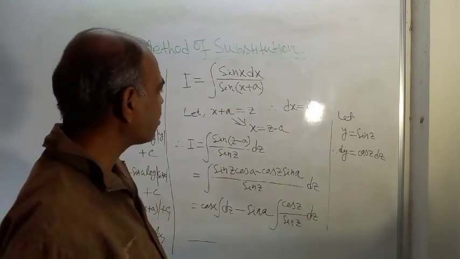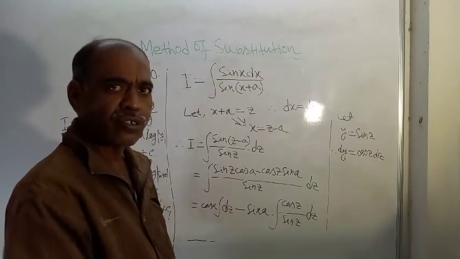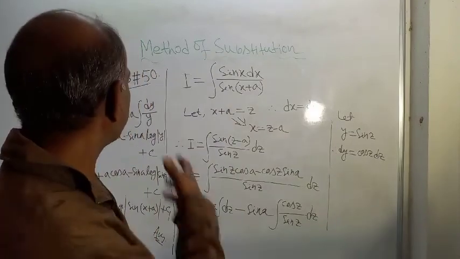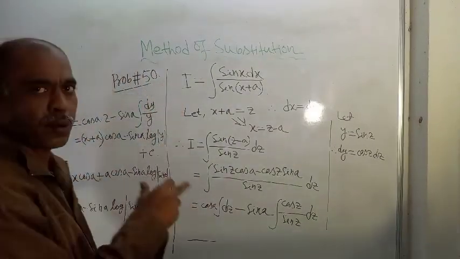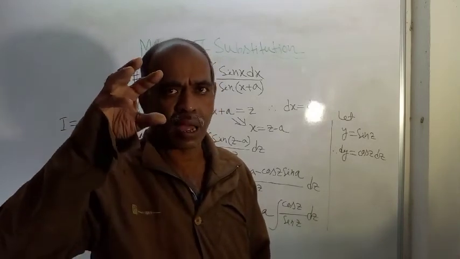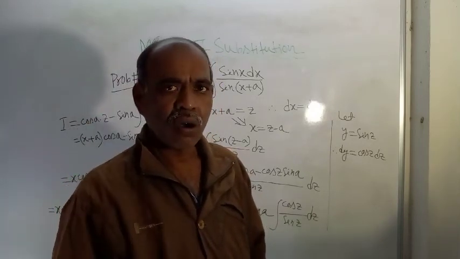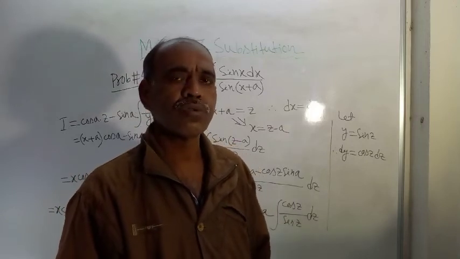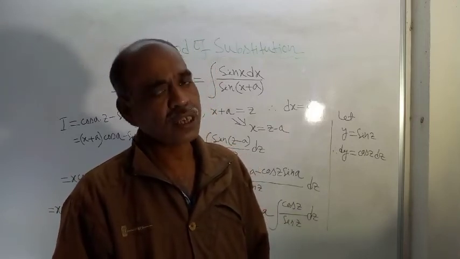If you can understand properly the solution procedure of the problem, so far I have solved a total of 50 problems from the same chapter. I think you should already have got the idea of the solution procedure of such problems.